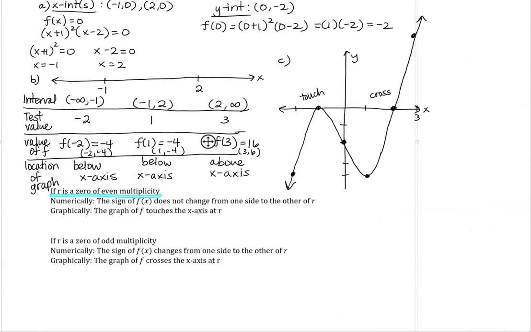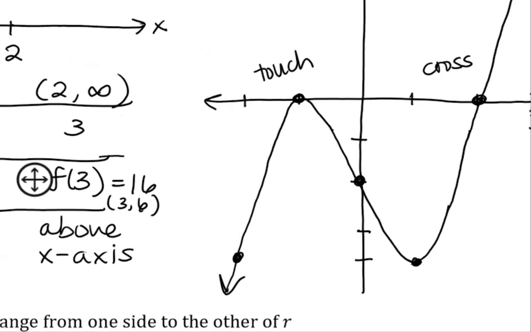So when we have a multiplicity that is even, what that means graphically is that the graph only touches the x-axis at that point. Alternatively, when we have an odd multiplicity, it means that the graph is crossing the x-axis at that point. Numerically, for even multiplicity zeros, it means that the sign of the function did not change when we crossed through that zero.